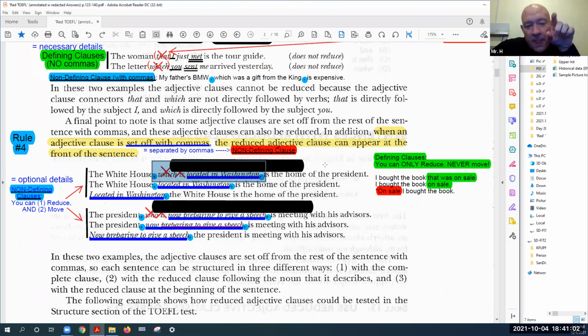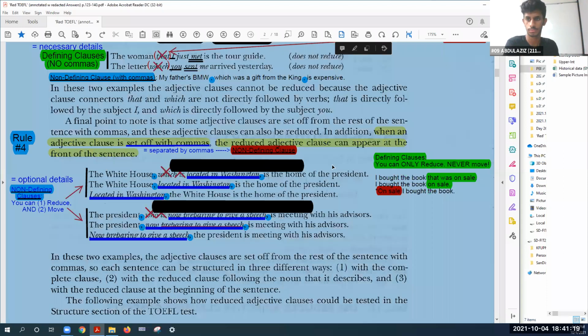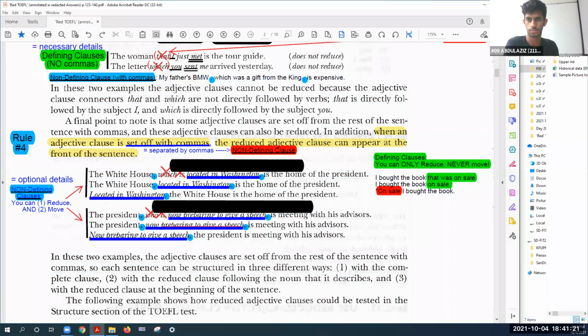Okay. But I want the information. I want to keep the adjective clause, but I want to decrease it, make it smaller. How do I do that? Delete located. Not located. What do you see here?